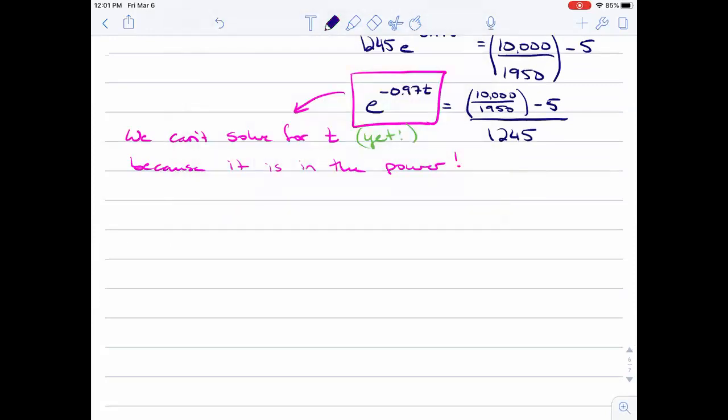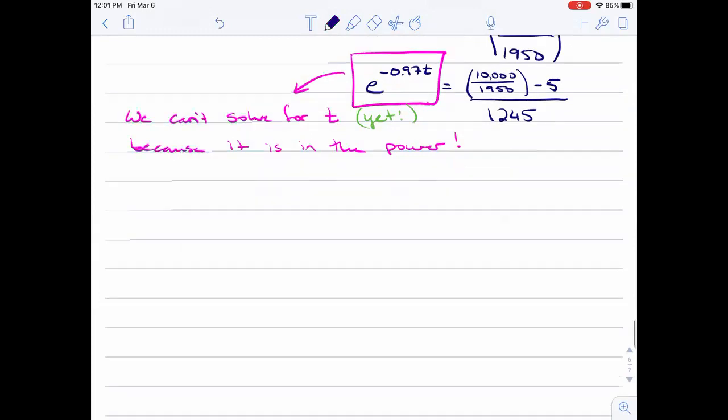We need logs to be able to solve for values in the power.